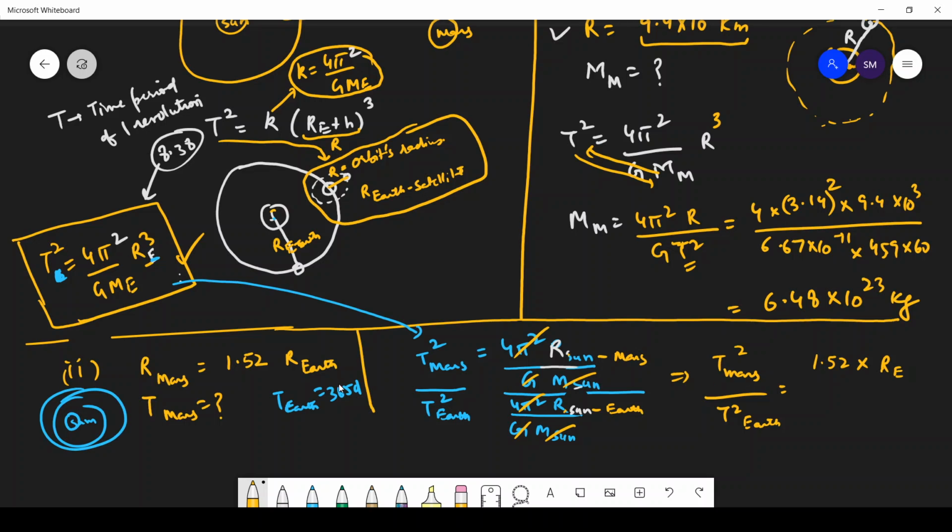This was sun Mars, so now it is sun Earth, right? So 1.52 times the sun Earth, or you can say Earth sun, divided by this radius, which is sun Earth or Earth sun, whatever you write, that's your choice. So this is R, Earth, Sun, right?